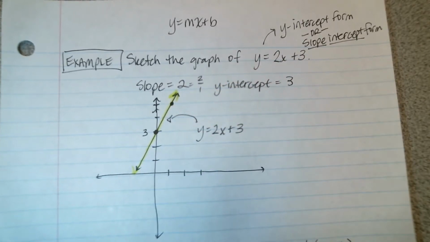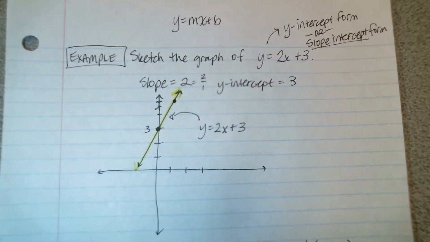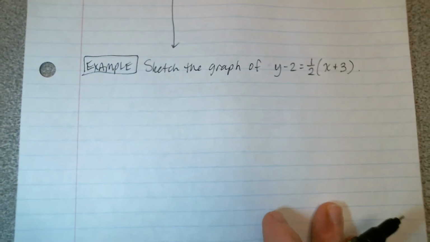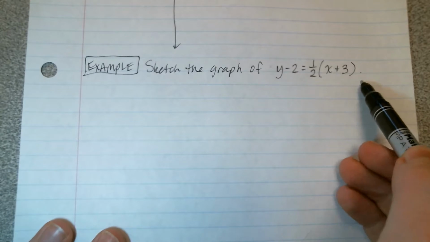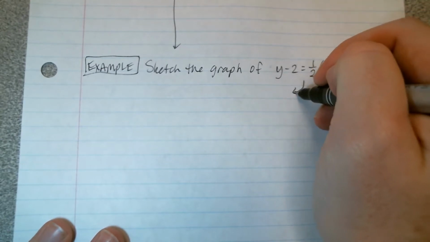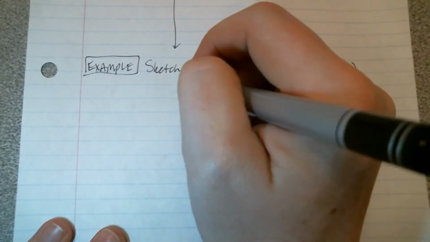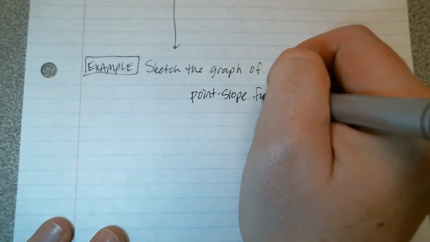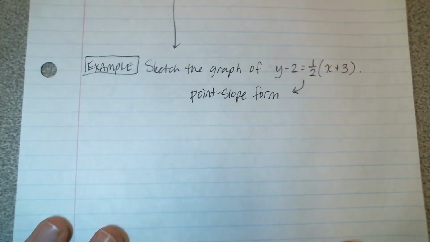Okay, so there's one more form that we can consider, and that's if your equation is in this form right here. So this form is called point slope form, and for good reason.